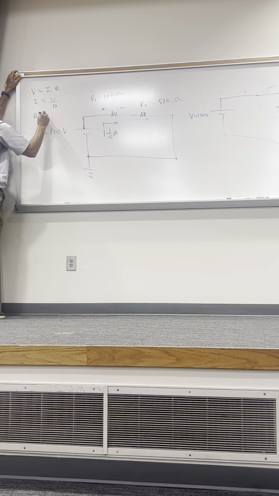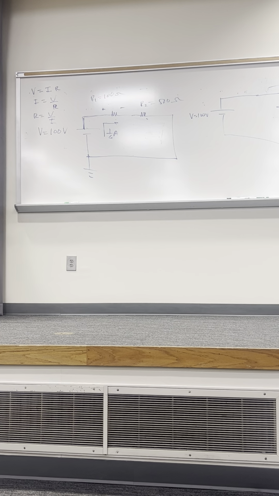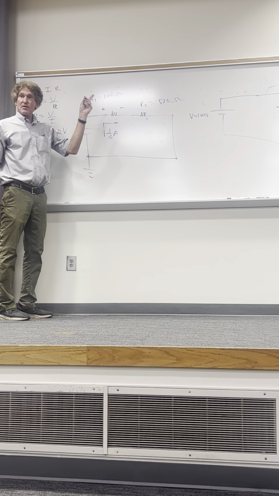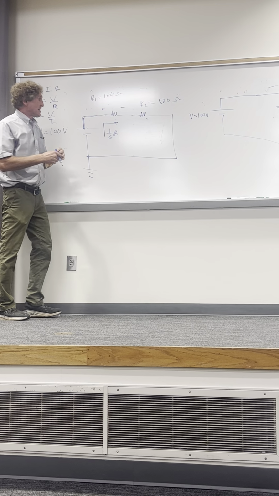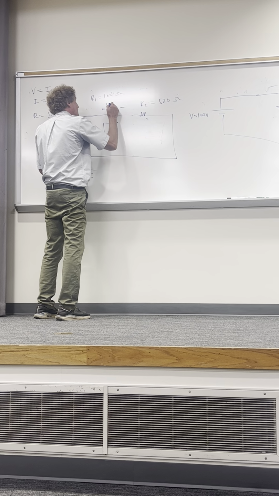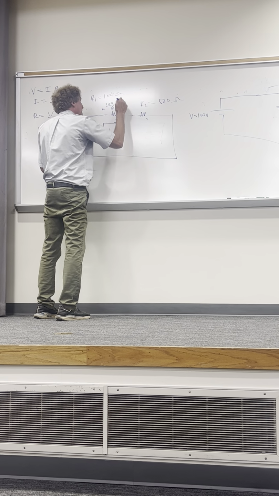Or R is equal to V over I for a given bulk parameter, a lumped element. You all with me, class? So what is it? Well, it's 1/6 times what? 100. It's 100 over 6, correct, class? So this voltage here is just 100 over 6 volts.